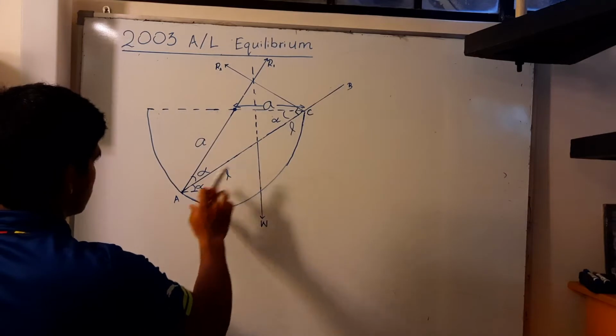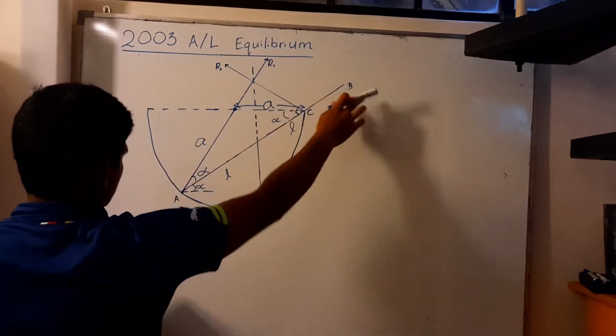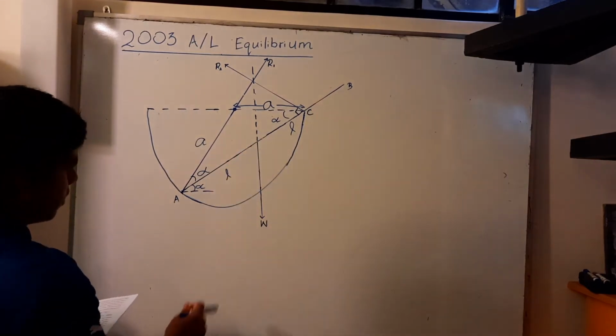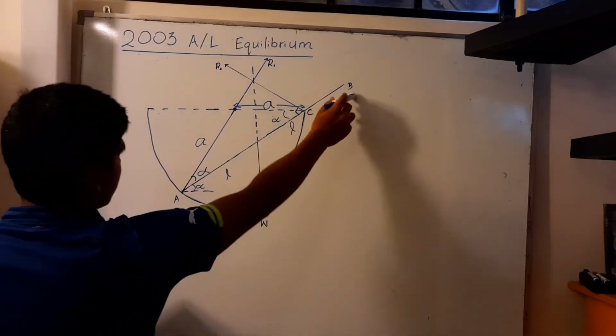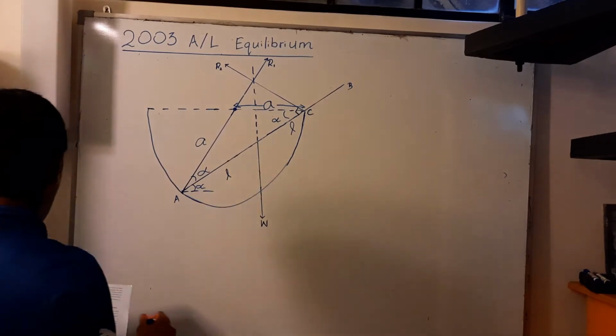Therefore AB goes beyond the hemisphere. This is A and this is B, and W is acting from its midpoint, so this side is L and this side is also L, since this is the midpoint.